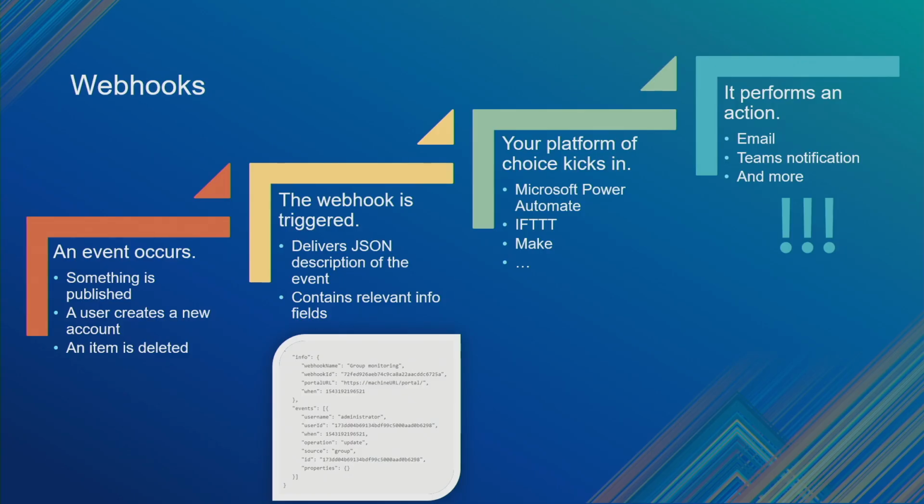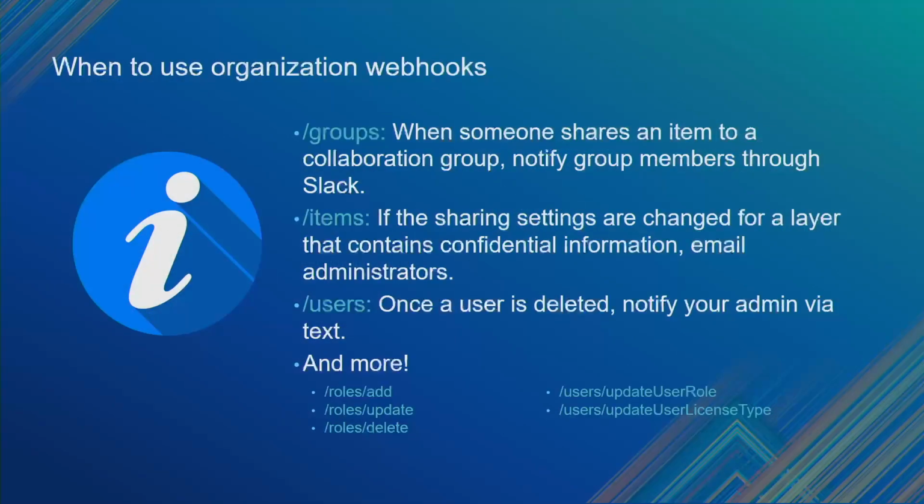So for example, organization webhooks can be invoked when an item was published or when a new user account was created. Feature service webhooks can be triggered when a feature layer schema has been modified, or a geoprocessing service webhook will only deliver information when a geoprocessing service job is actually complete.